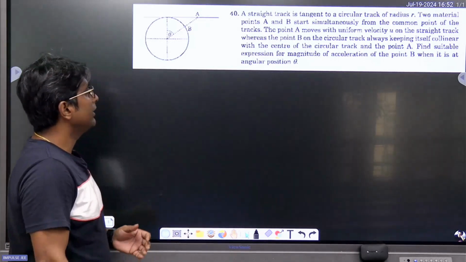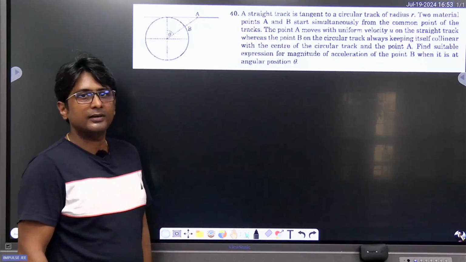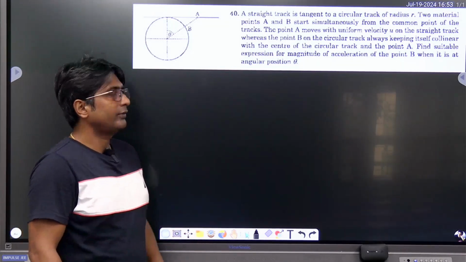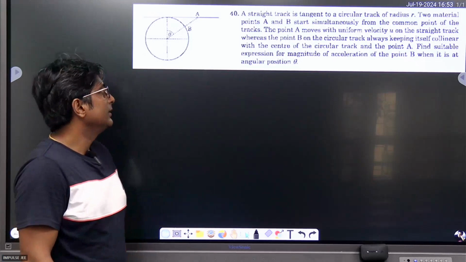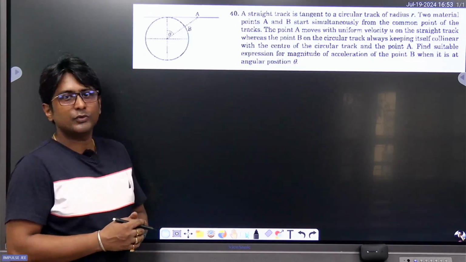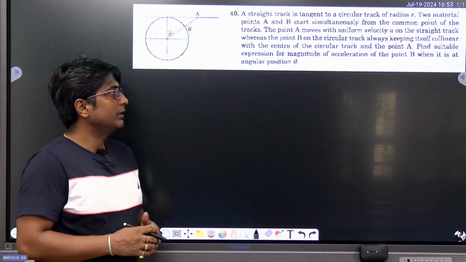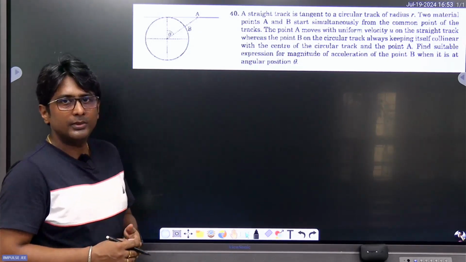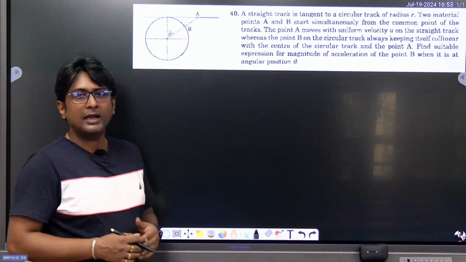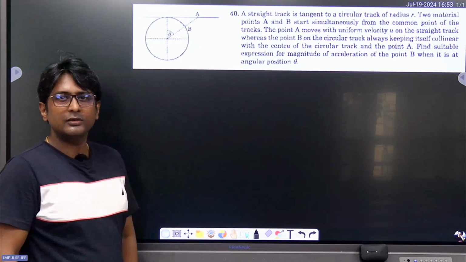So today I am going to discuss a problem from the Pathfinder physics book from Kinematics, in which we will discuss the concept of curvilinear motion while solving this question. I hope you all are doing good in physics and you must have studied curvilinear motion in kinematics.